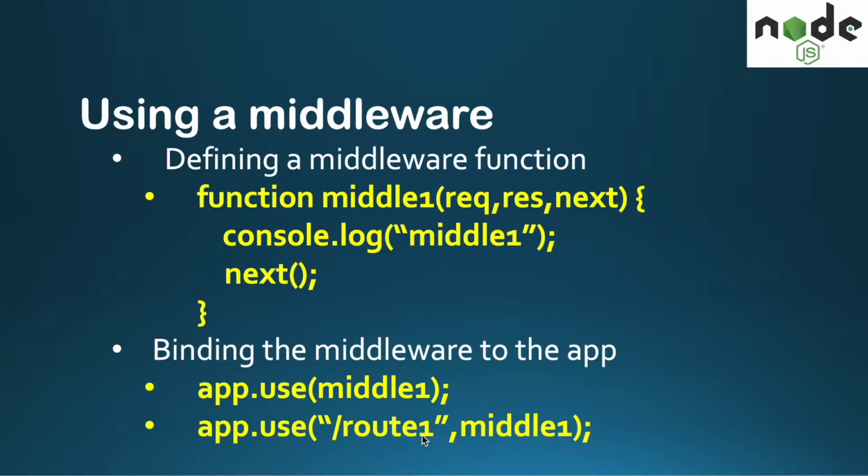So /route1, any request matching that route will execute this middleware. Say if there was another route, /route2, it will not match and this middleware will not get executed on that. So this is how we define and use a middleware.